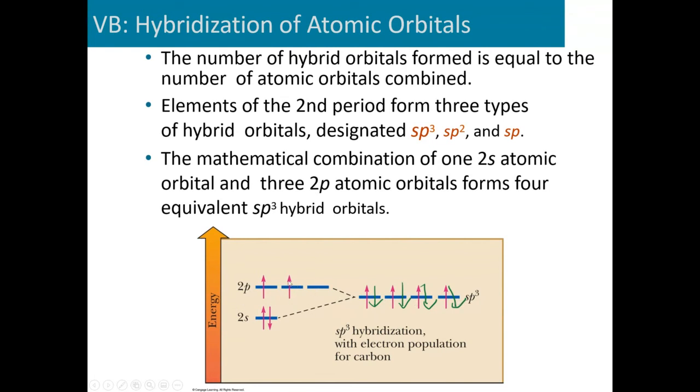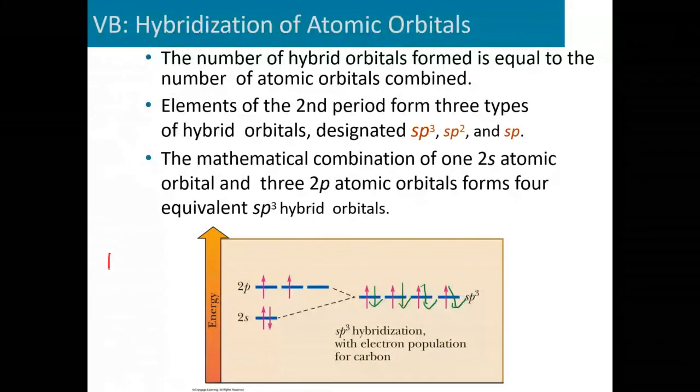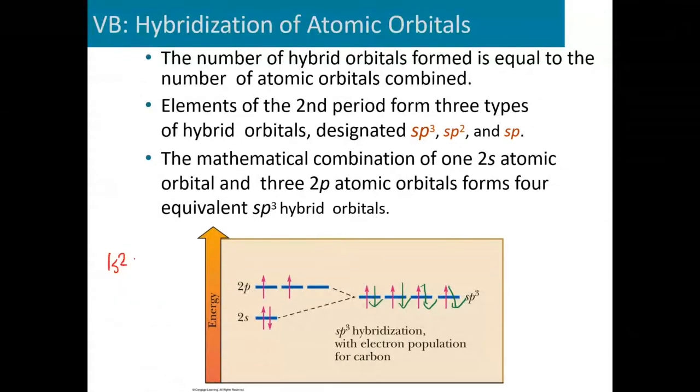So if this is, for example, the electron configuration of carbon, we know that it is 1s2, 2s2, 2p2. And we know that 2s and 2p electrons are the valence electrons, and this is what you see as the pink arrows here.